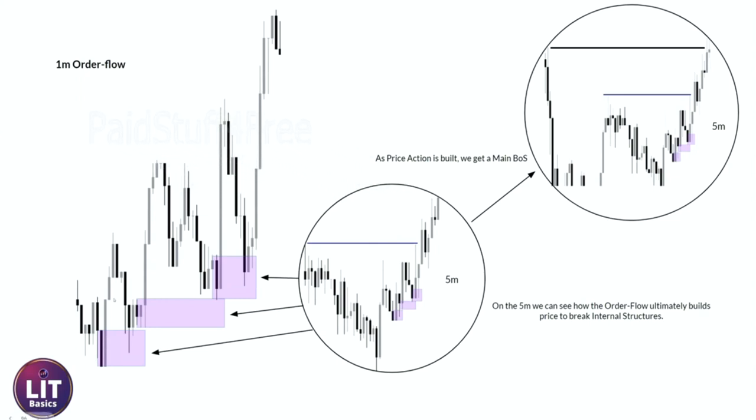You can see clean push, pullback, push, pullback, push, pullback. These are our mitigations. This is what it looks like on M5. Also you can see that we're trading towards a quote unquote main BOS, but this is more likely a liquidity point that we're trading towards.